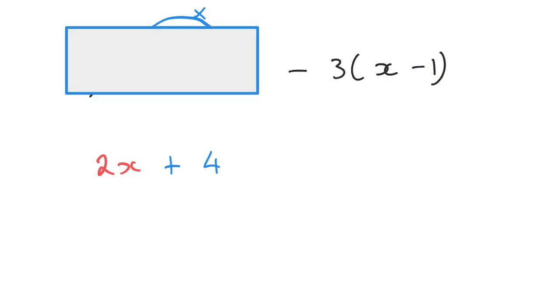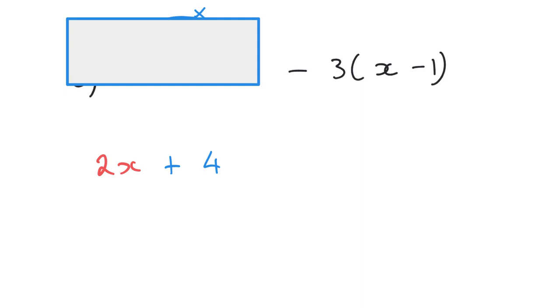Now where it gets tricky is when you look at this side here. This minus is essentially attached to that 3. If we treat it like they're attached, we're doing minus 3 times x, which is minus 3x.